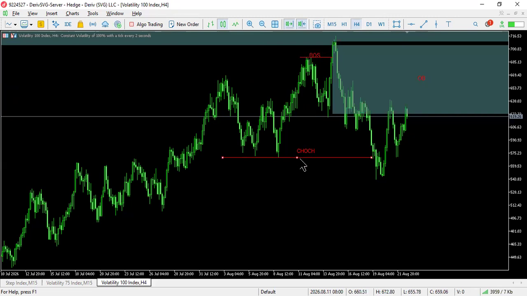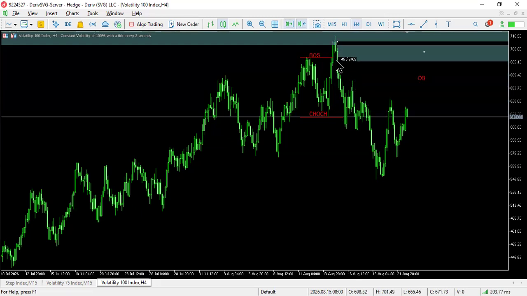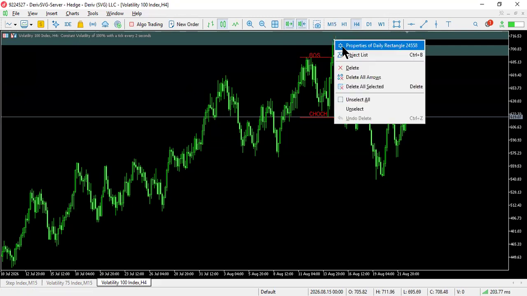And then our change of character, adjusting it to the 4 hours, it's going to be there, as that was the last higher low before the sellers broke structure. So we have that change of character. And then the order block which caused the change of character, it is that order block right there.